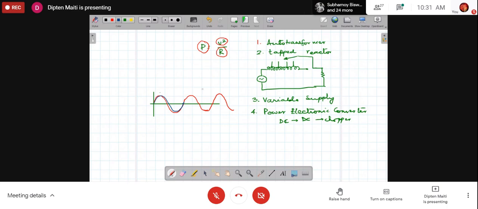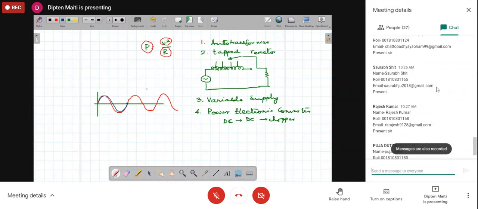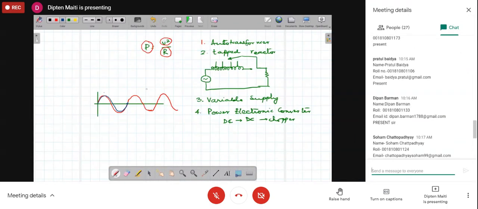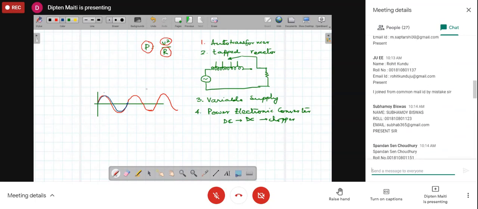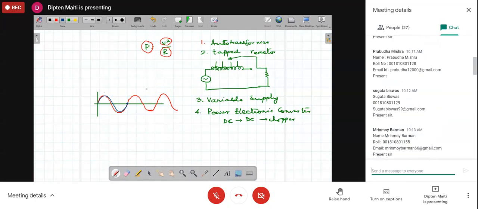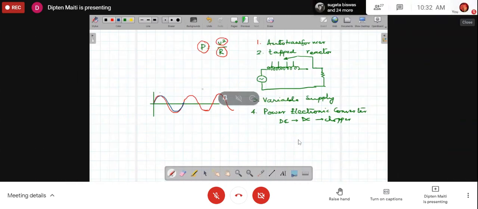For example, consider 10 such cycles. If we use 9 cycles and shut the system down for one cycle, we would have 9 by 10 of the heat generated. Next we can do 8 by 10, 7 by 10 this way, and finally 0 by 10 if we turn off for the full cycle.